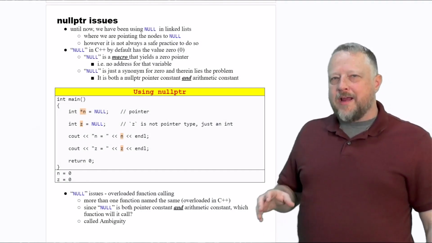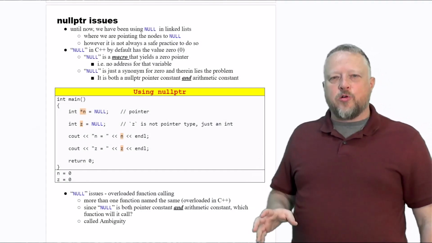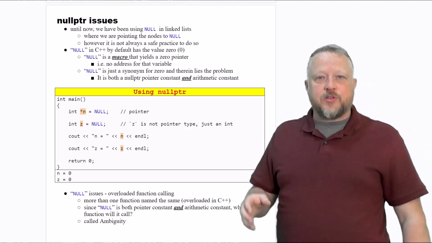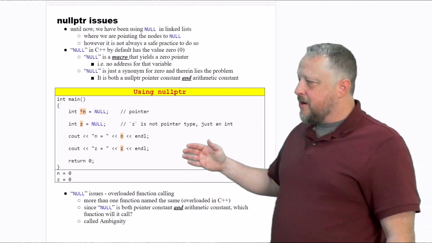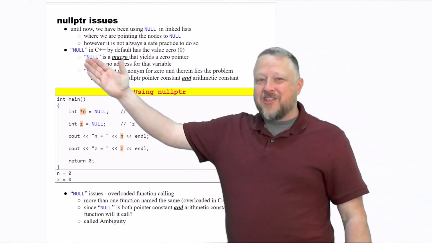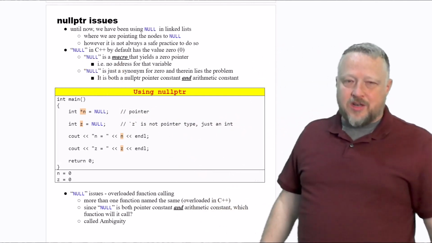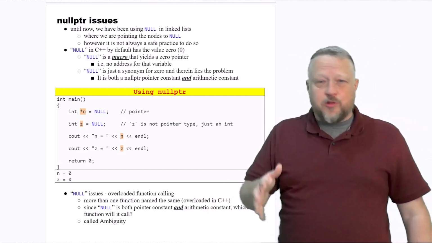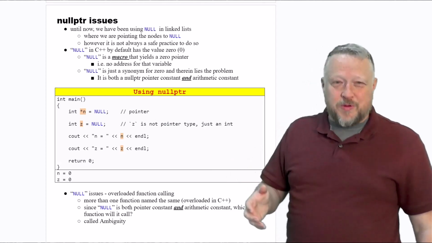Before we start getting into a lot of code, you are probably going to see some of the videos that use NULL instead of nullptr. Here's the funny part: the notes and the code have been changed for you.